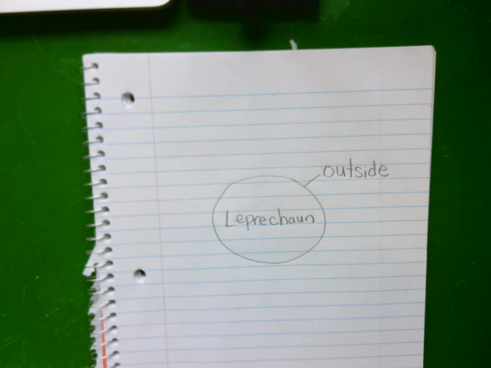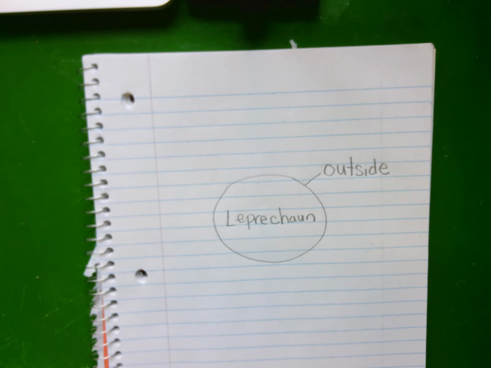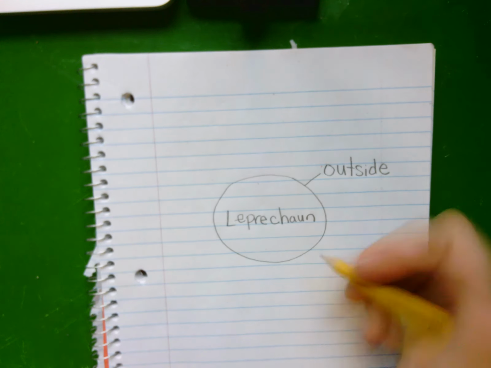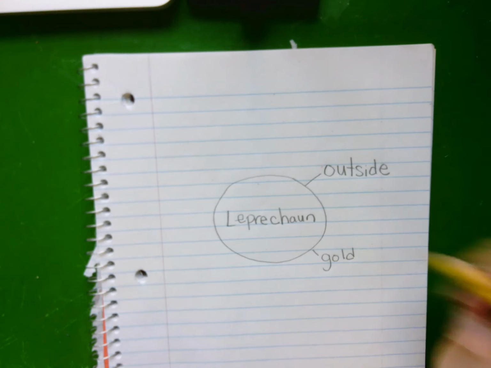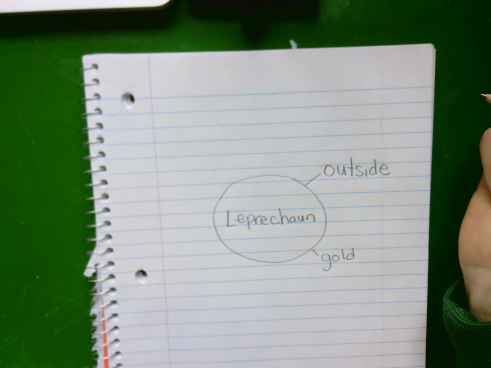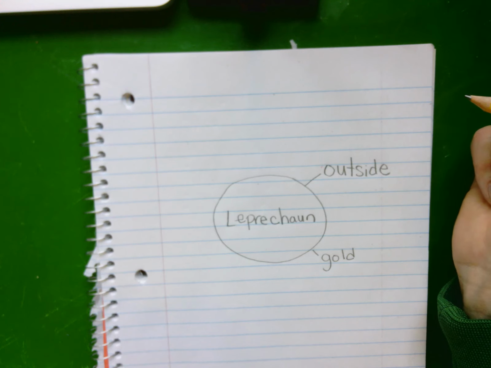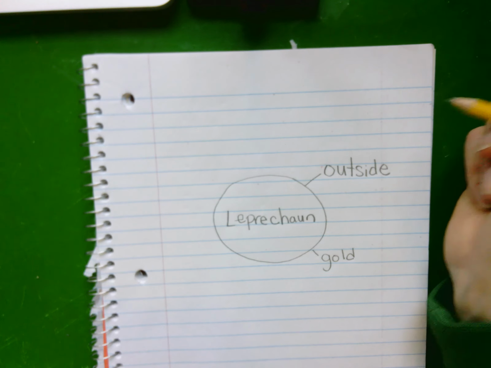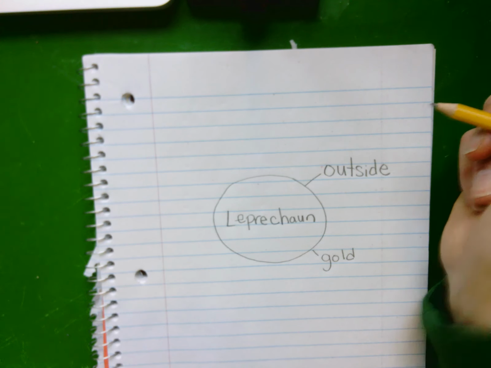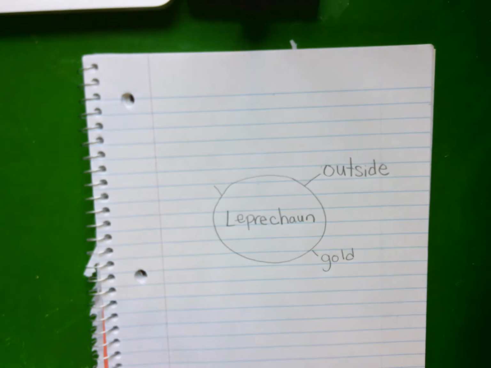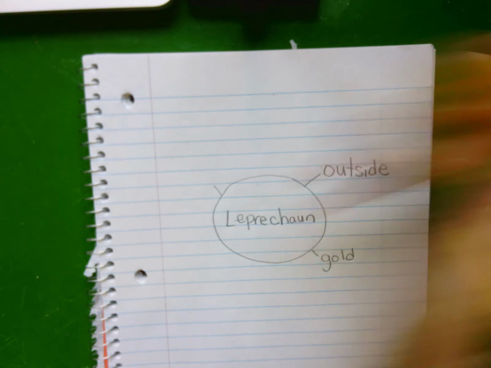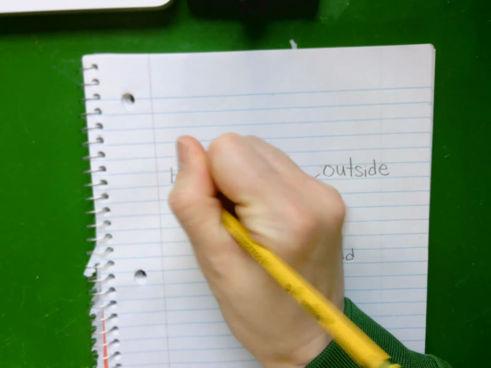And I've heard that leprechauns have gold, so maybe I'm trying to get his gold. Okay, let's see. Maybe I'm not trying to trap the leprechaun. Maybe I'm just trying to follow him and see where he goes. So let's see. Maybe I was on a bike ride with my family.